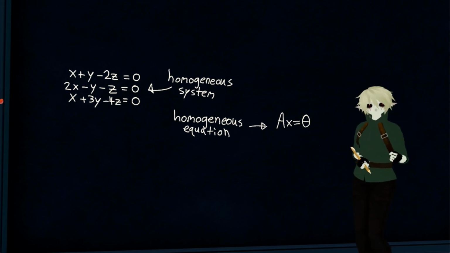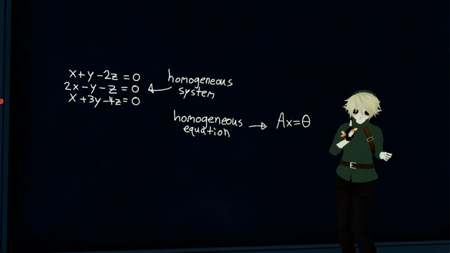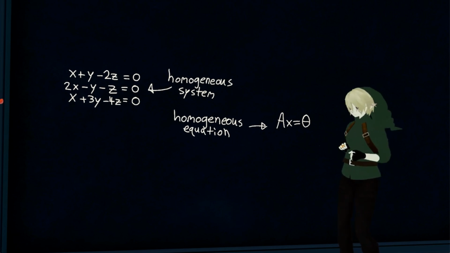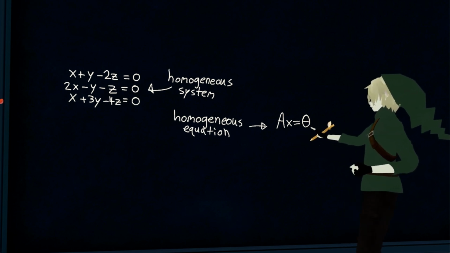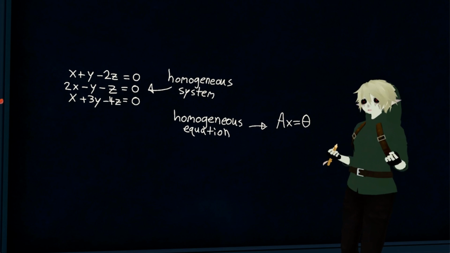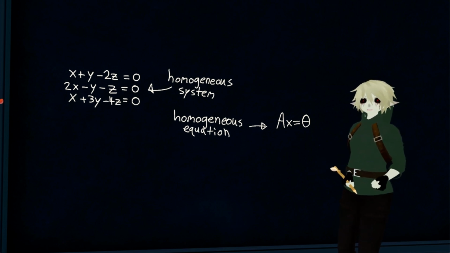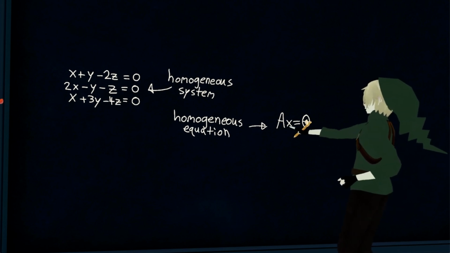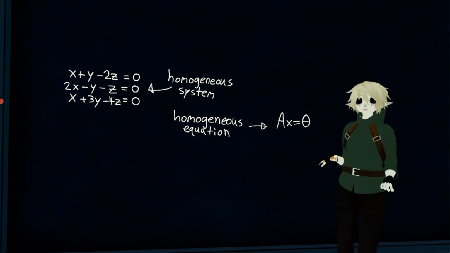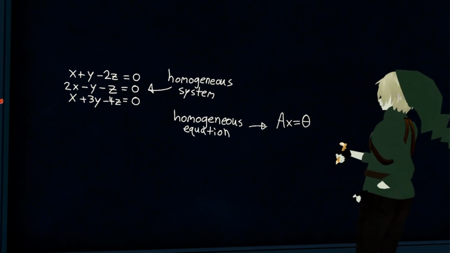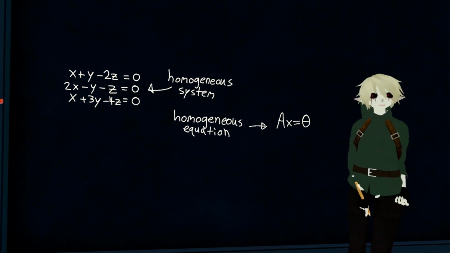Now, the reason why this is such an important concept is because in algebra we're always told that if you have a product that equals 0, one of the numbers has to equal 0, or both numbers can be 0. In matrix algebra, that's not always the case.